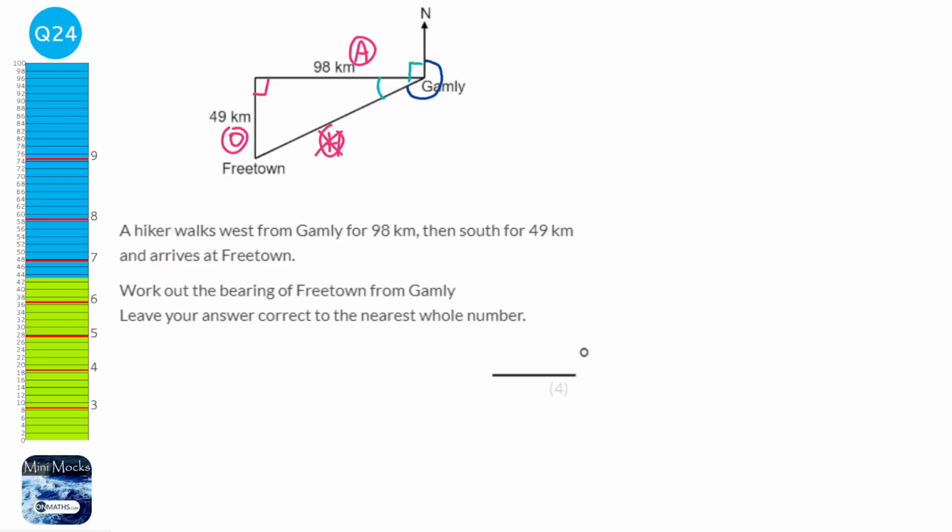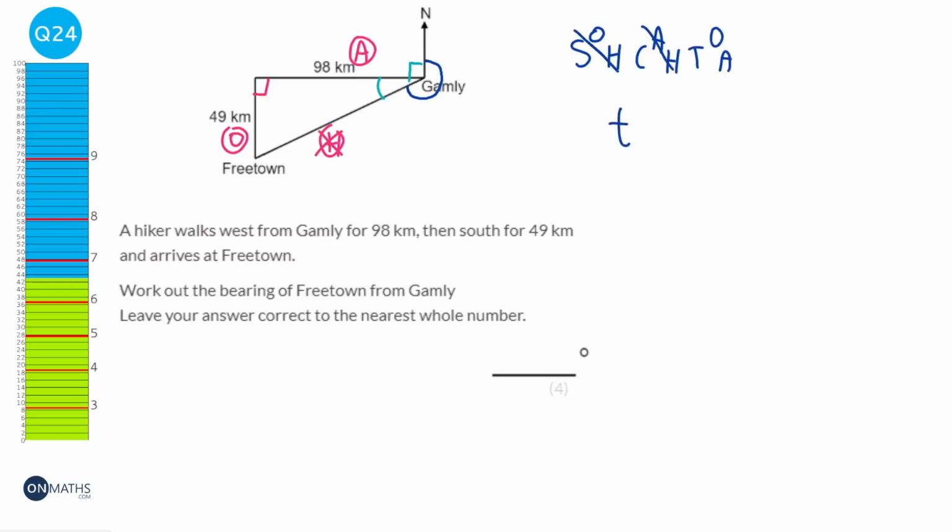Here we're not using the hypotenuse, so we can cross that out, and we can do our SOHCAHTOA. And the only one that doesn't have the hypotenuse is TOA. And so we're doing tan x equals the opposite, which is 49 over 98. Get our lines in.